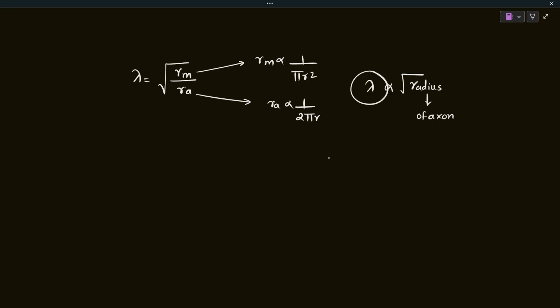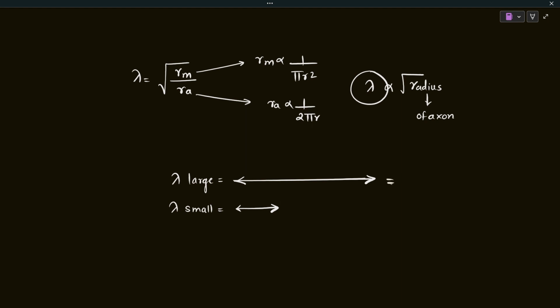So the larger the radius, the greater the conductive velocity. How? Whenever lambda is large, the length at which the membrane potential, or current, will die out is large. If lambda is small, the length at which current dies out will be low.